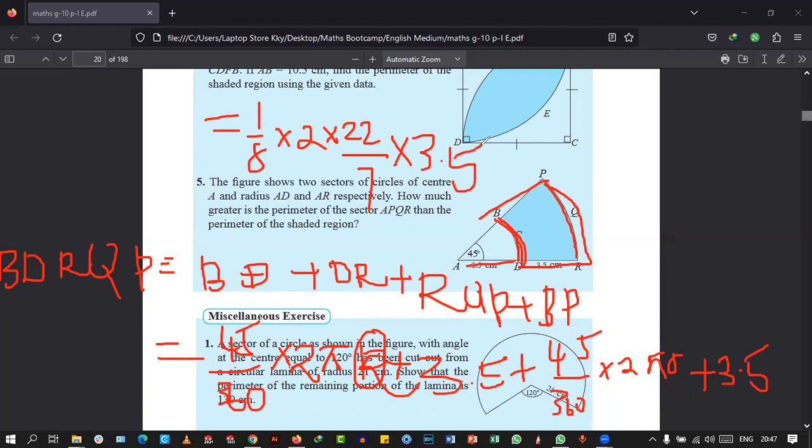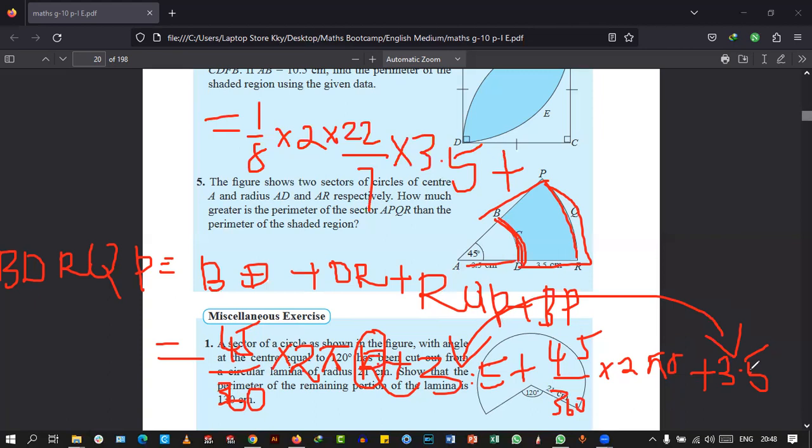So 3.5 plus, I can add this 3.5 and this 3.5 together. Why? Because I cannot add this R and this 3.5 together. Because this R is dependent on the multiplication. But this 3.5 and this 3.5 are orphans, right?